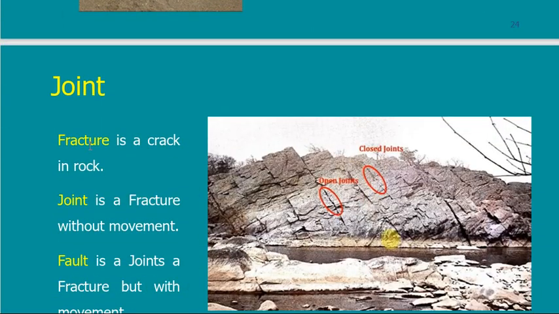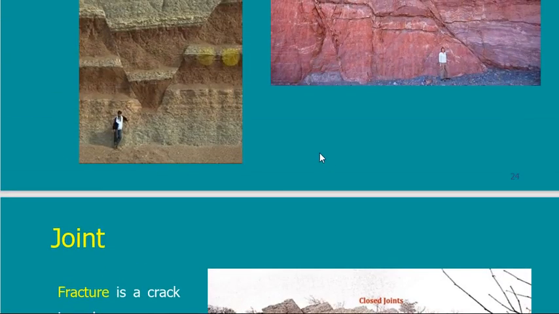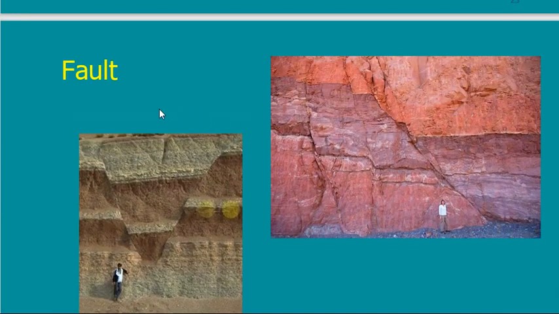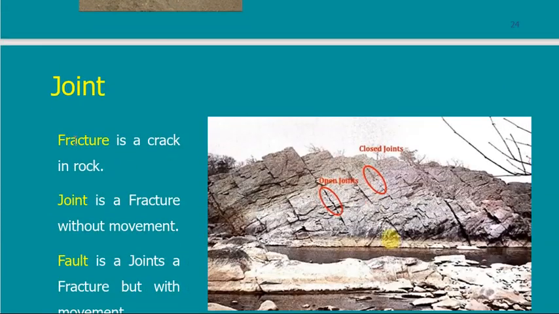Now we go into something called joints. Joints is the origin of the fault. To have a fault, you have first to have a joint. What is a joint? A joint is a fracture. It is just a crack in the rock. I have a rock mass, and this rock mass is subjected to tension.